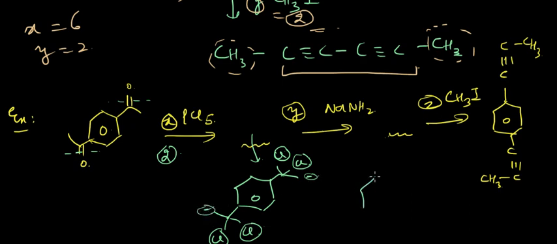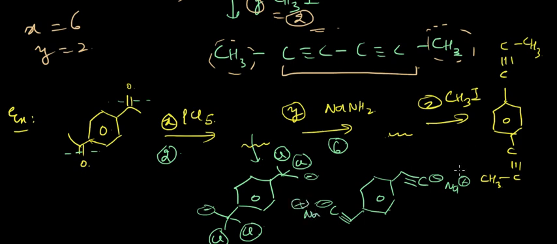So for Y we need 6 moles, and the product we formed would be something like C minus Na plus. Similarly, replicating here also C minus Na plus. Okay, and it reacts with 2 moles of CH3I to form finally this product. I hope you are clear with this example and you had fun solving this.